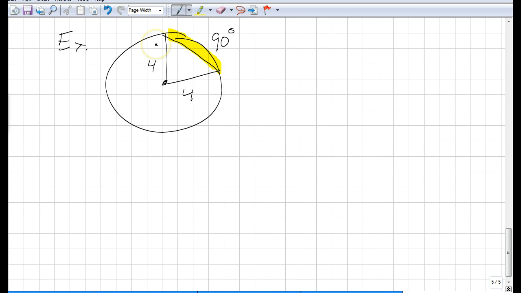So first we're going to find the area of sector AOB.